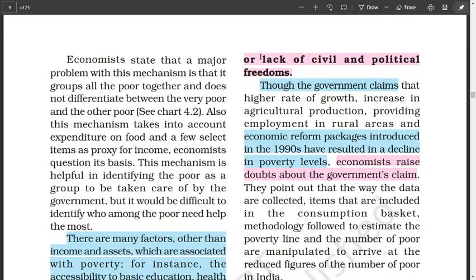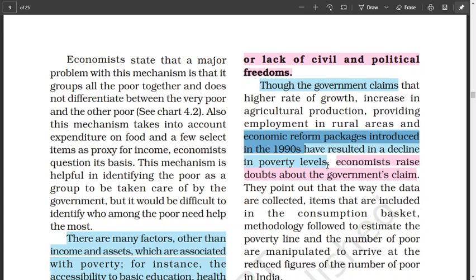So if we want to bring development, the focus is not only on growth per se, but it's about the effect on the livelihood of the people. But the government keeps on claiming that this is the method they use to identify the poor, and it's being said that the development through economic reforms that we talked about in chapter 3 has resulted in a decline in poverty levels.